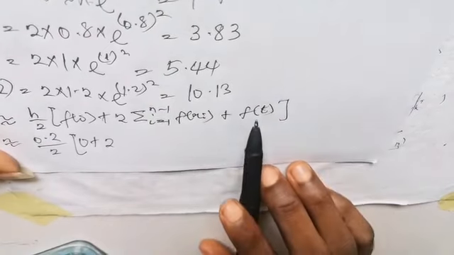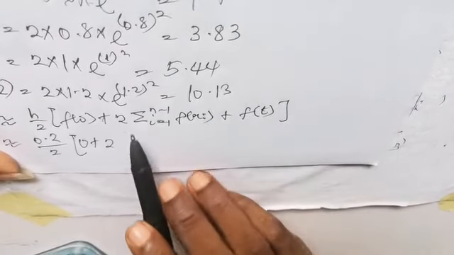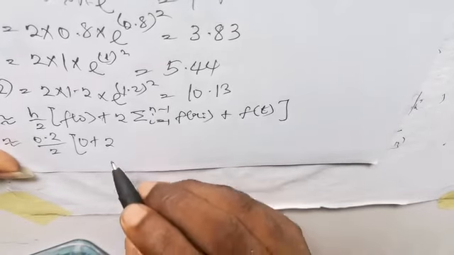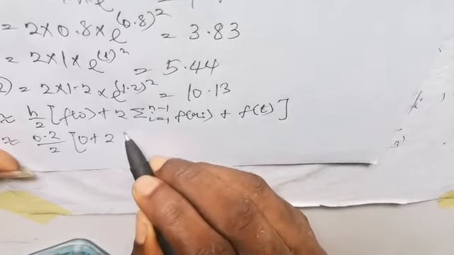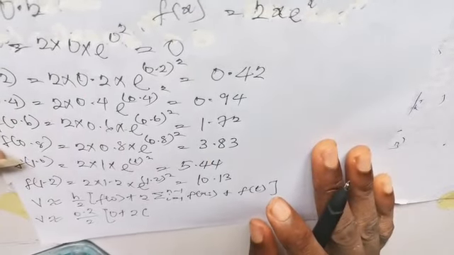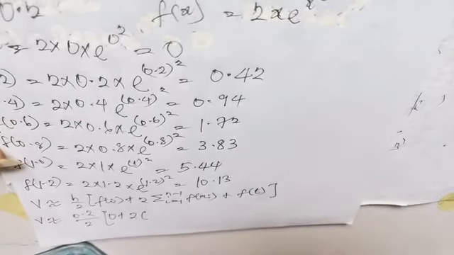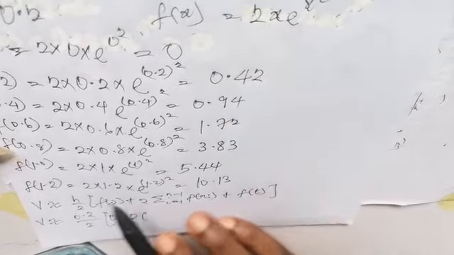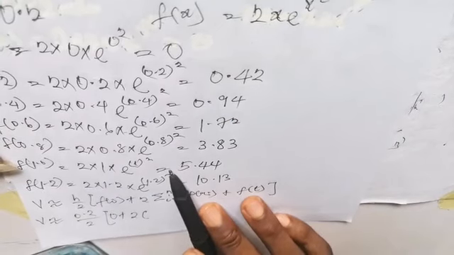Note that the last is not inclusive. So it's 2 times the summation of the intermediate values we've gotten for the function. After 0, the next is 0.2, so from 0.2 down to 1.0 are the intermediate intervals.